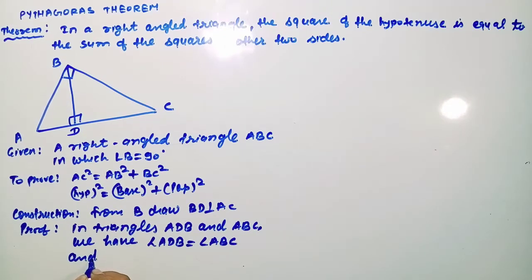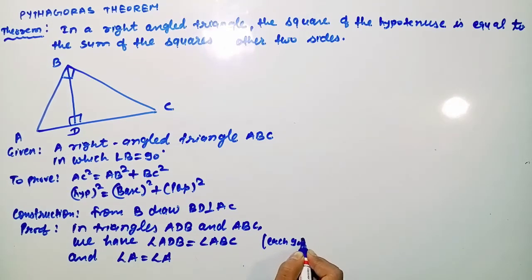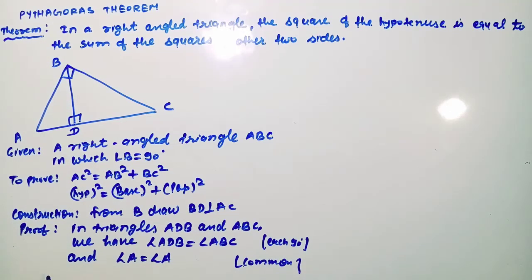Both these angles are 90 degree, and angle A is common in both the triangle. Right? So angle ADB and angle ABC are each of 90 degree, and angle A is common in both the triangle ADB and ABC, right, student?